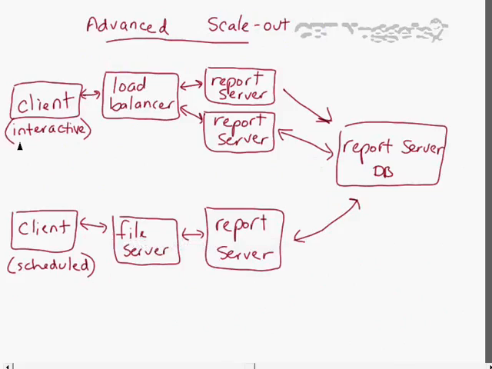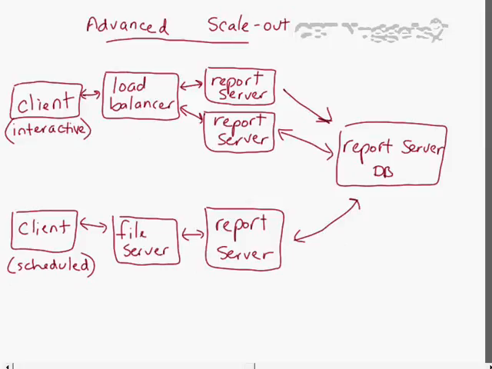So notice in this diagram here we have an interactive client that might be generating some ad hoc reports, and then that talks to a load balancer just like we did earlier, which then talks to two or more report servers, and then that talks to the report server database. Now, we also have some scheduled reports that talk to a file server, which in turn talks to the report server and then to the database itself. In other words, we're separating out the interactive or the ad hoc clients from the scheduled reports.